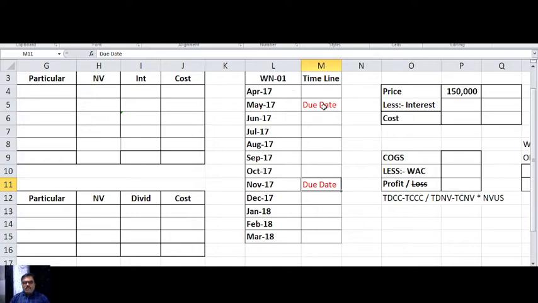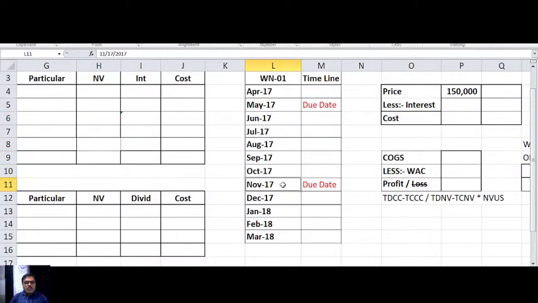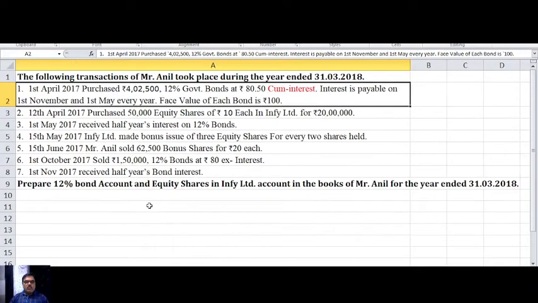That means on this day Mr. Anil is going to receive the interest for the previous 6 months. On 1st November, Anil is going to receive the interest for May, June, July, August, September, October. November doesn't get included because this is 1st November, remember. So due dates are very important.